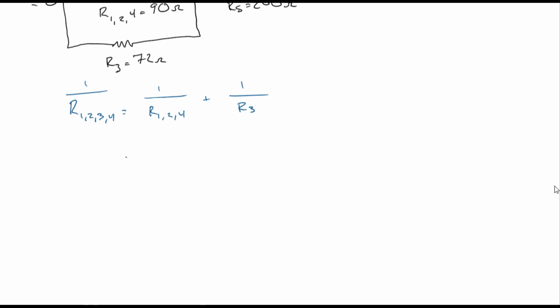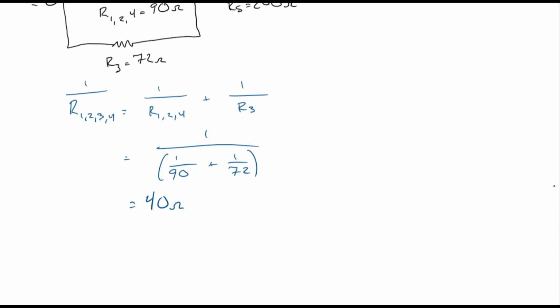They're sharing the same voltage. So it's 1 over 90 plus 1 over 72. When I add those together inversely, 90 inversely with 72 inversely, all to the inverse, I get an equivalent of 40 ohms.